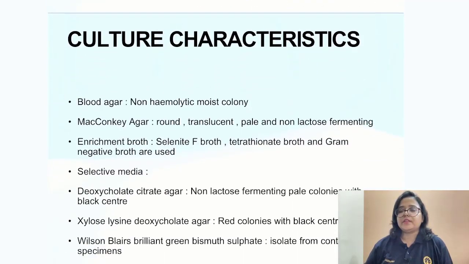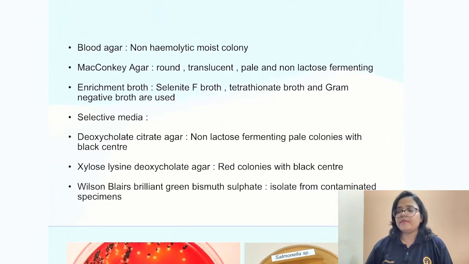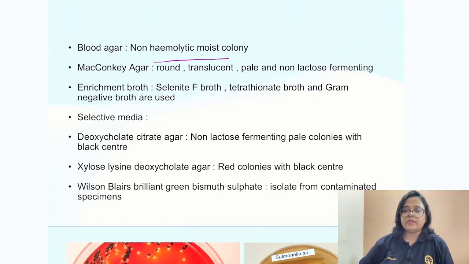Coming to the culture characteristics. In blood agar, we have non-hemolytic moist colony, and in MacConkey agar we remember the traditional classification based on lactose fermentation of Enterobacterales, where there may be lactose fermenters, late lactose fermenters and non-lactose fermenters.